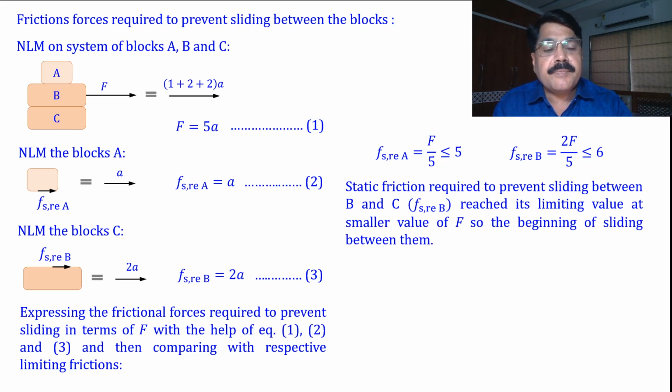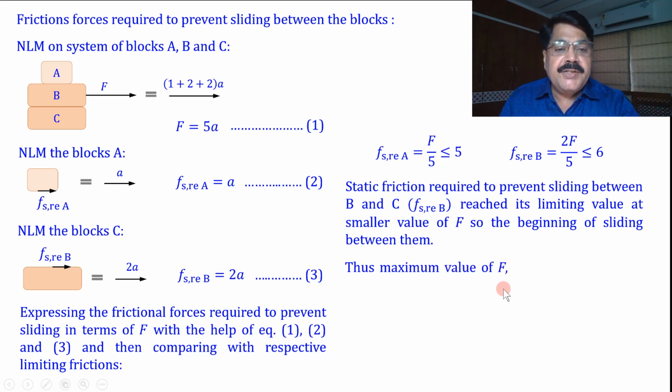Now F from here is 25, and F from here is 15. So this f_sreB will reach its limiting value at a lower value of F. So friction between B and C will become limiting first. So you can see how we can decide the sequence of sliding.